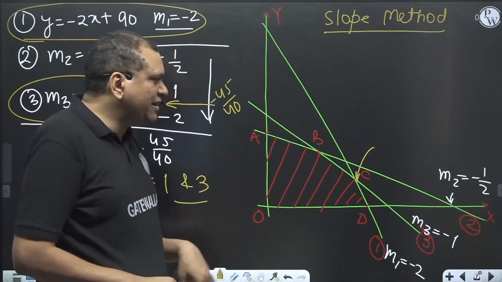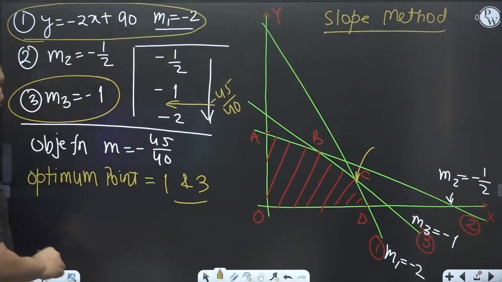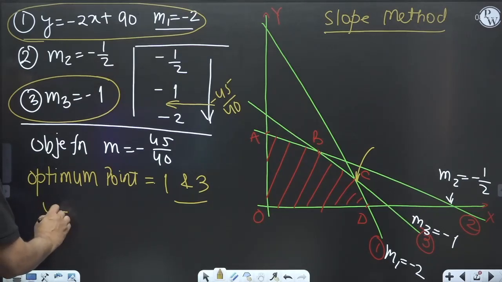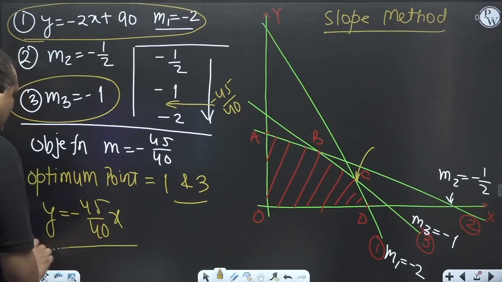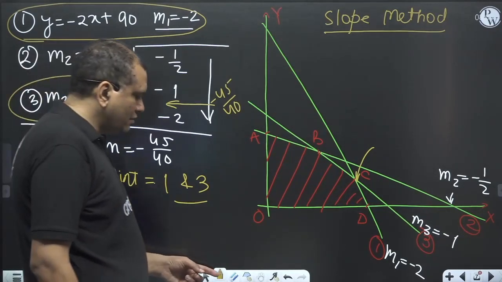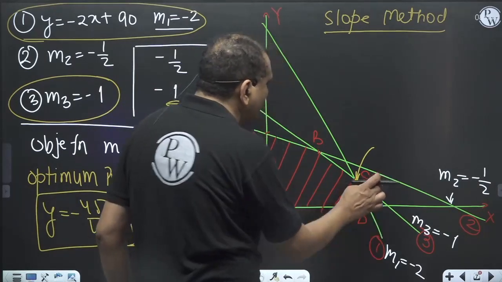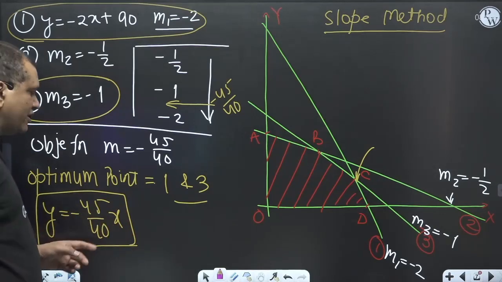What is the science behind this? The objective function line is y equals -45/40 times x. This is my objective function line. Whatever I'm going to speak is a very important point.